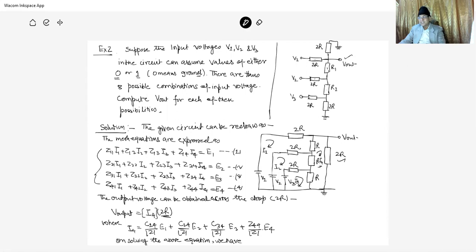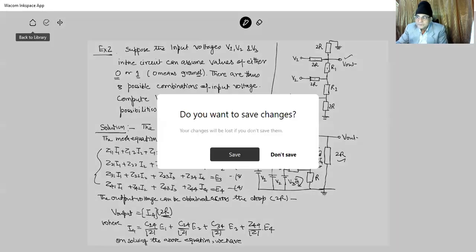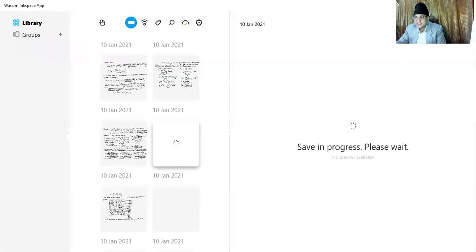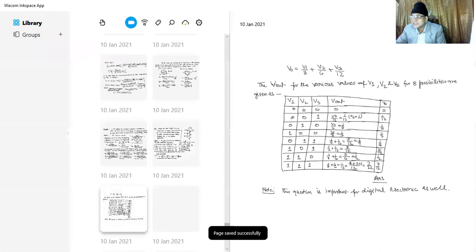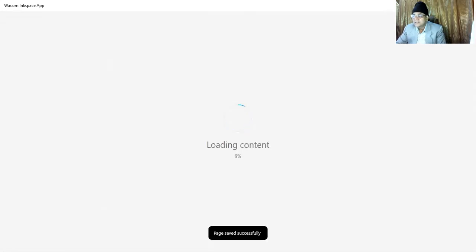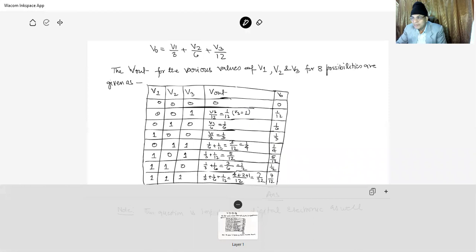We know that there is no source on the 4th mesh, therefore E4 is 0. So what kind of change in the equation is there? The change of equation is expressed in this way. By solving this value, we have something very interesting. This output V0 is related with V1 by 3, V2 by 6, V3 by 12.